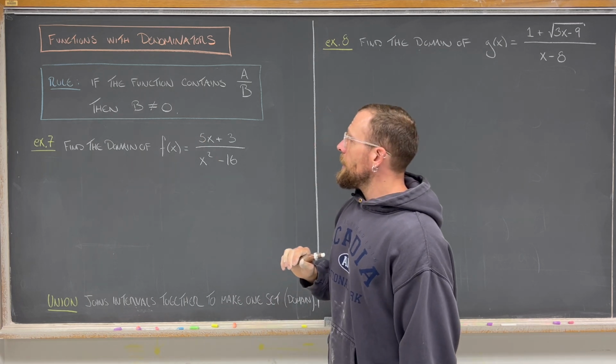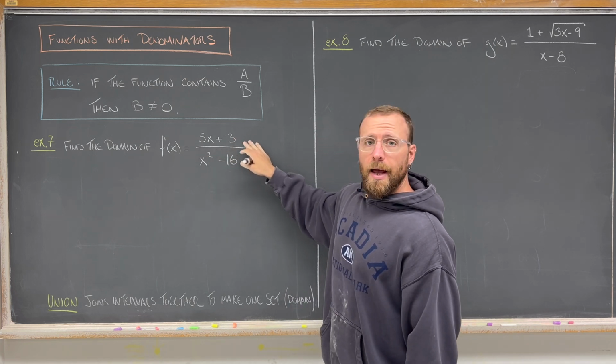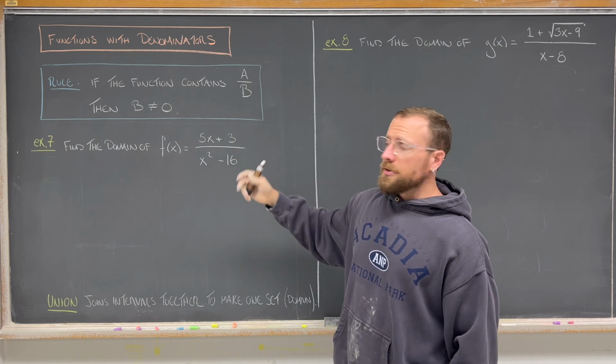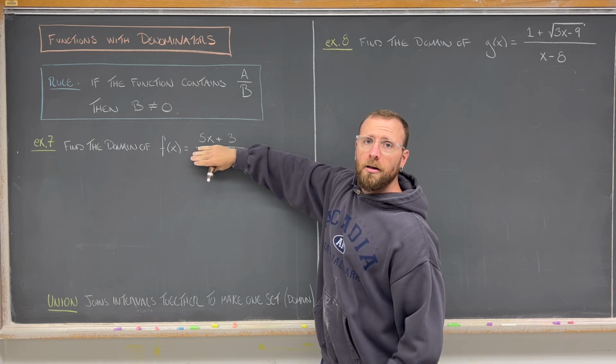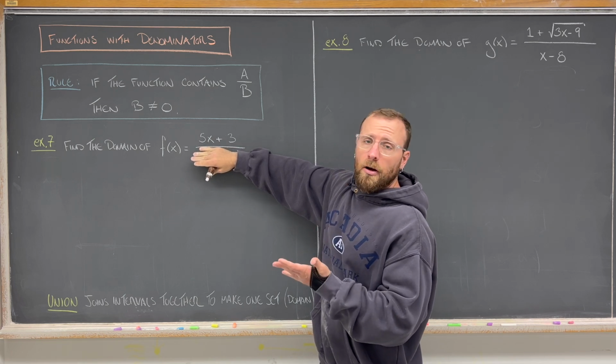Okay? Now, in this question, I say find the domain of f of x equals, and I have a fraction. The numerator is 5x plus 3. That's fine. You tell me any number at all, I'll multiply it by 5 and add 3 to it happily. Nothing can go wrong.